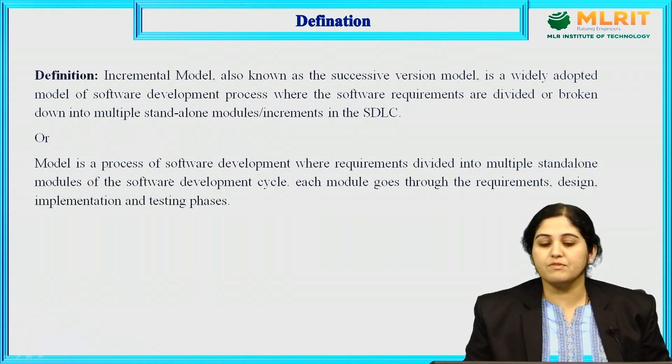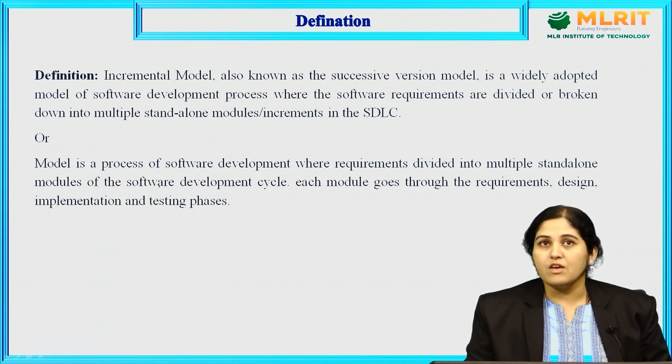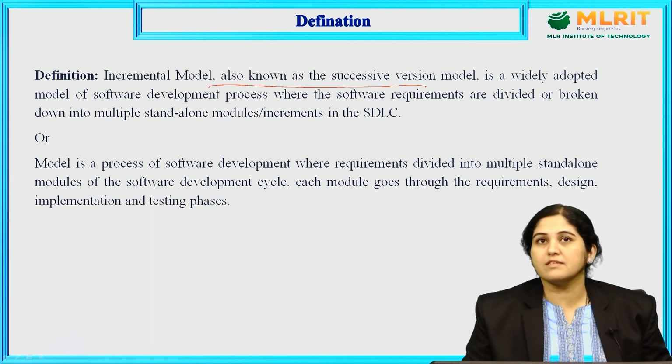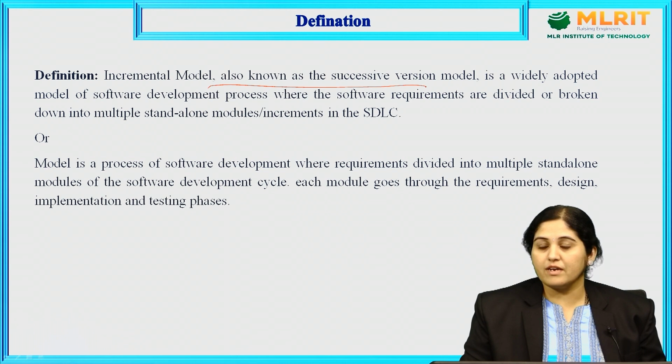First, before going to the architecture diagram, we are going to see the definition of the incremental process model. Already we have seen a lot of models used in SDLC. Here, the incremental model is also known as the successive version model. In every other model in SDLC, we gather the requirement from the customer and deliver it to the customer at the final stage.